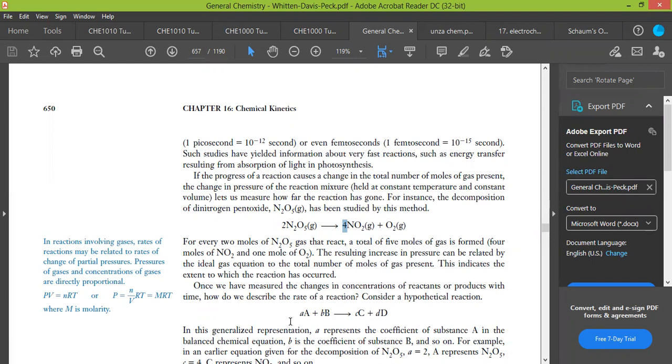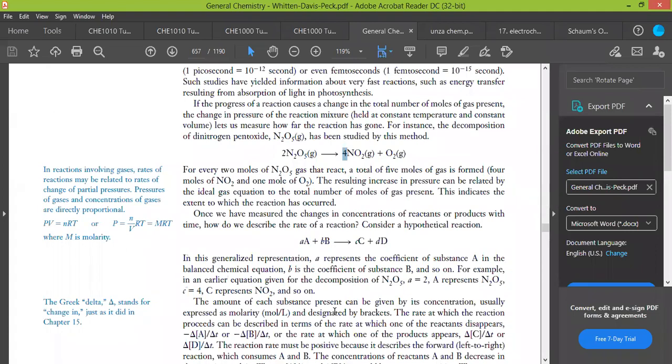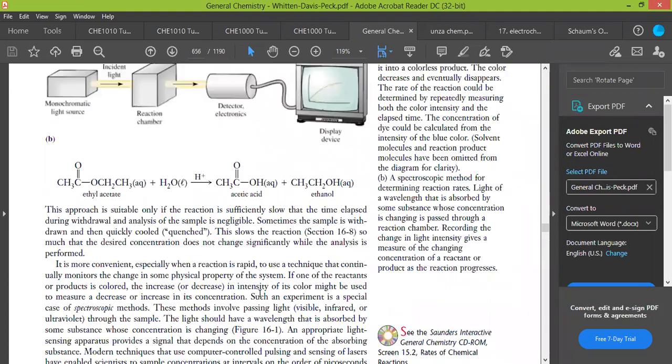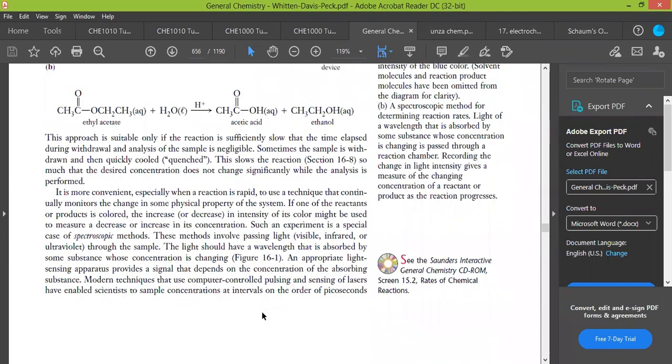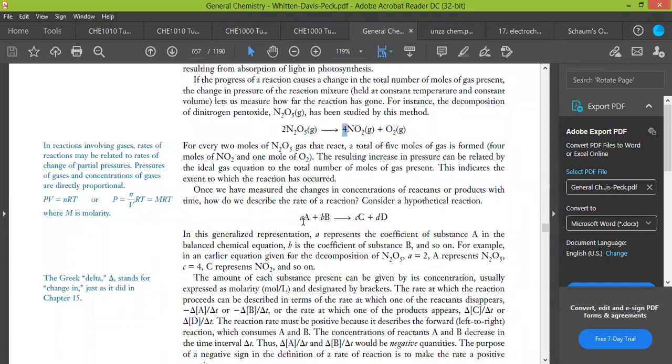So we consider hypothetically A plus B giving us C plus D. If we want to measure the rate of the reaction, you can write a hypothetical equation: small letter a A plus b B to give you c C and d D. So this is what we use when you want to calculate the rate of a reaction.